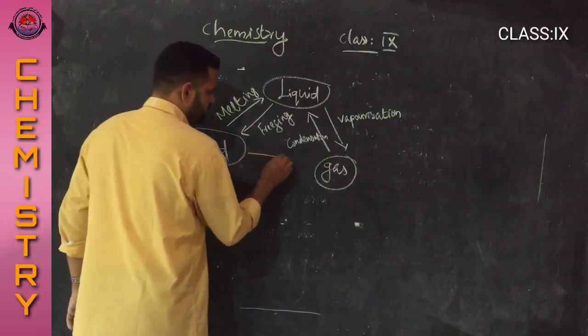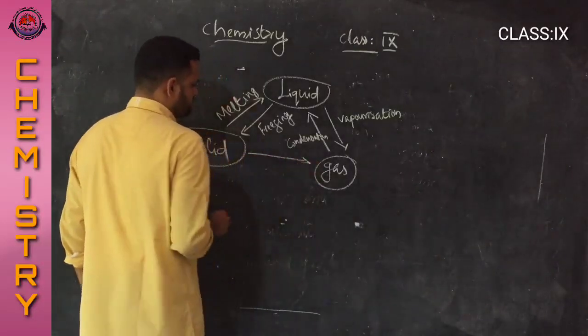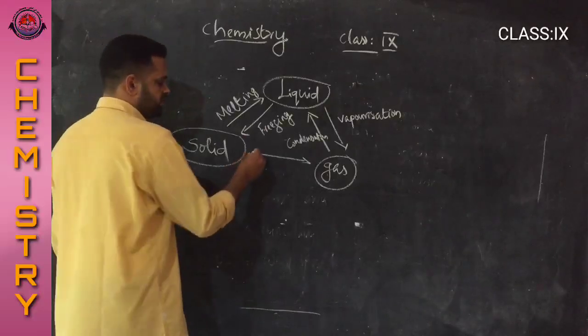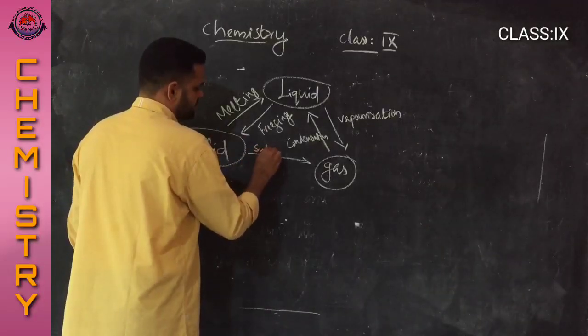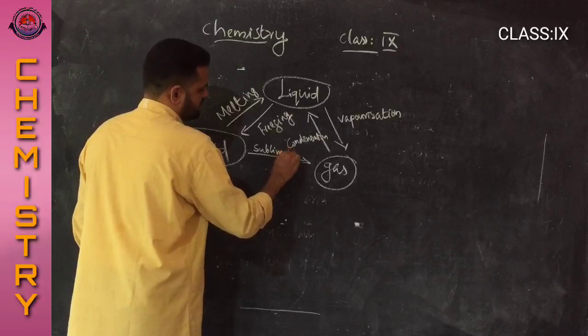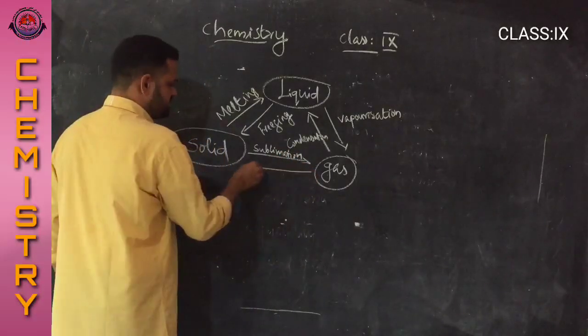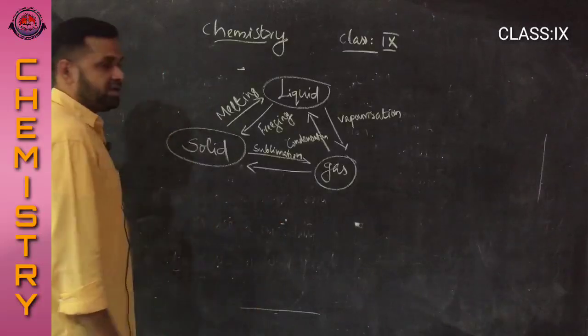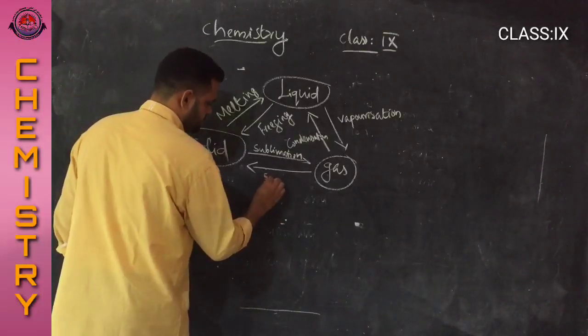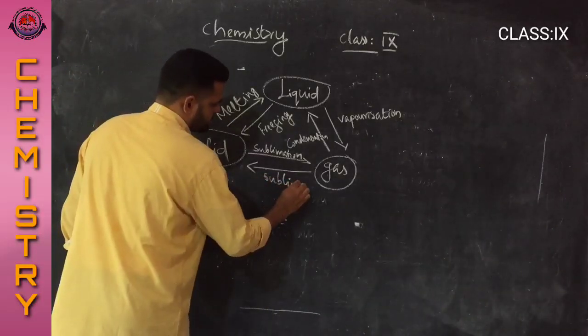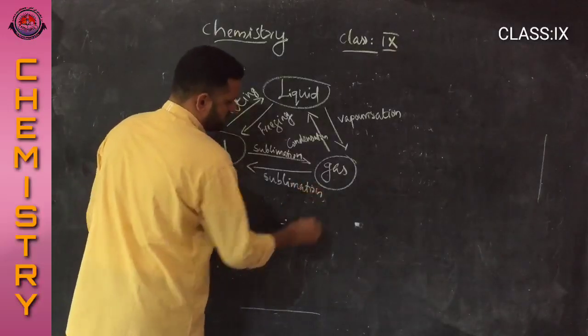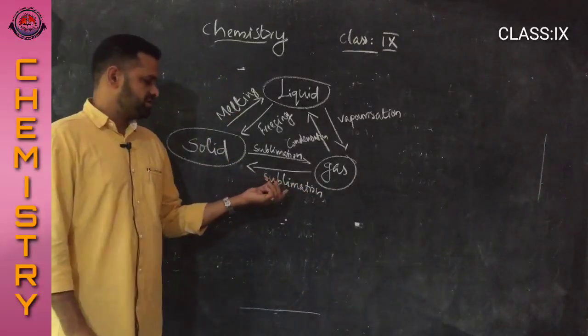Then when a solid converts into gas, that is called sublimation. And when a gas converts into solid, it is also called sublimation. So two ways we can define sublimation.